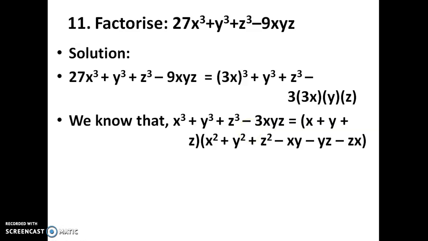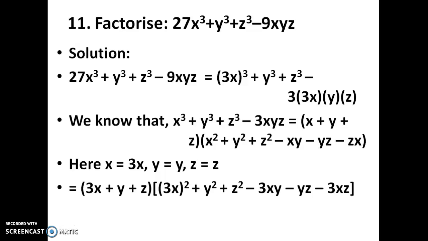Now in order to factorize we will bring the RHS, so we have to substitute in the RHS. After substituting, in place of x I will write 3x, in place of y, y only, then z, z only, into x square, that is 3x the whole square, plus y square plus z square, minus 3xy, that is the formula.